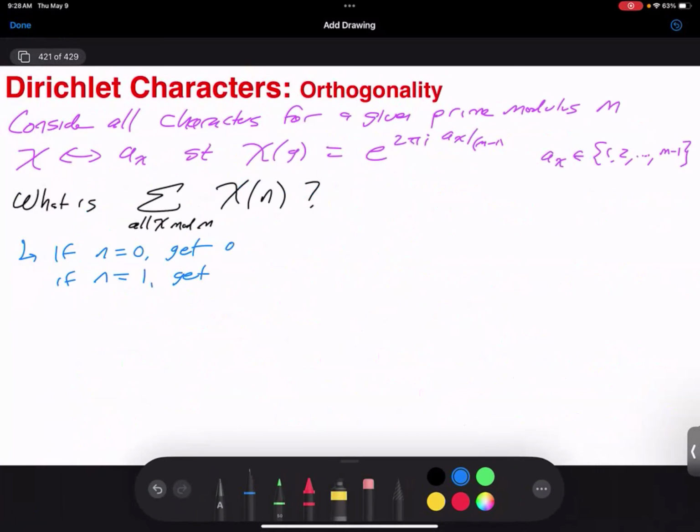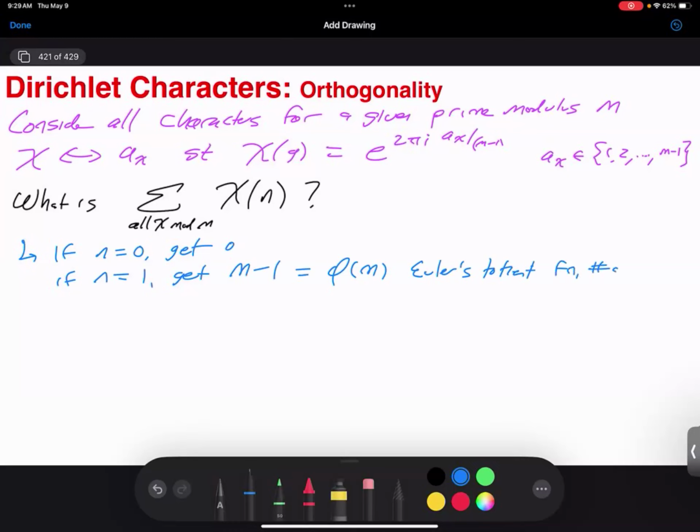So then you would get 1 every single time. How many characters do we have? Well, the number of characters we have is the same as the number of choices of a. So what would that be? Almost. m minus 1. And it turns out over here, this is phi of m, Euler's totient function.